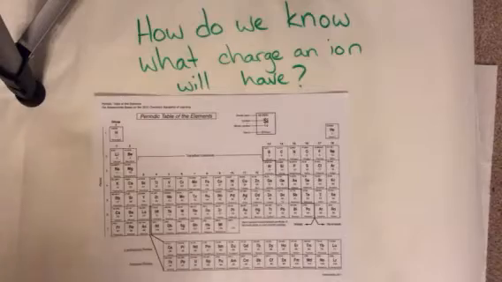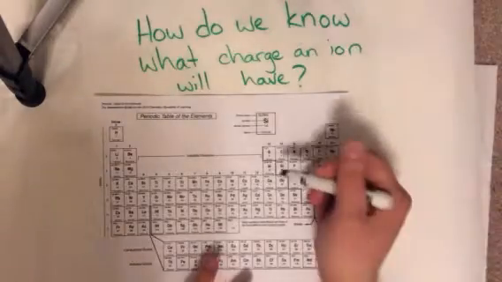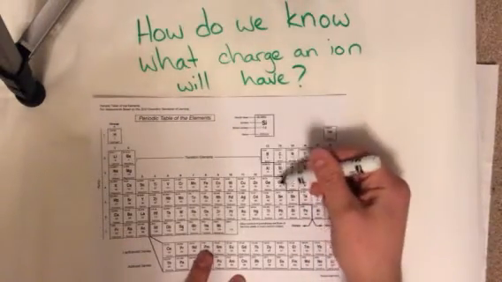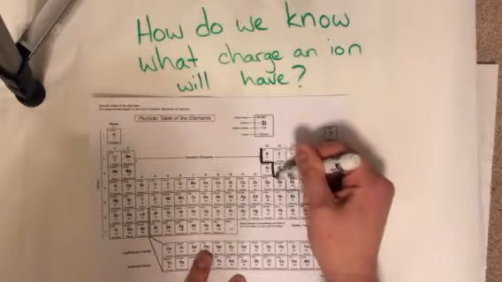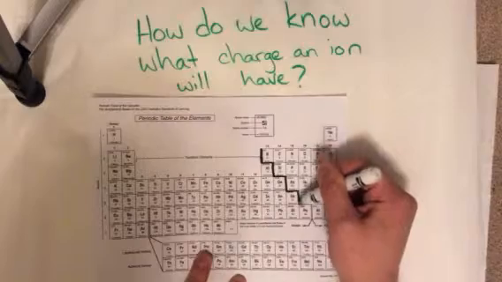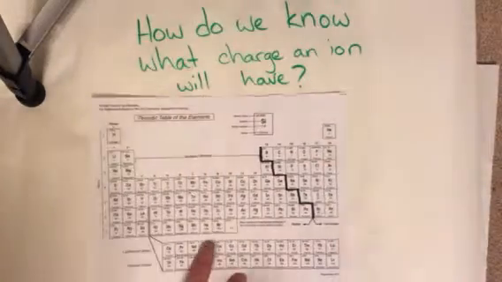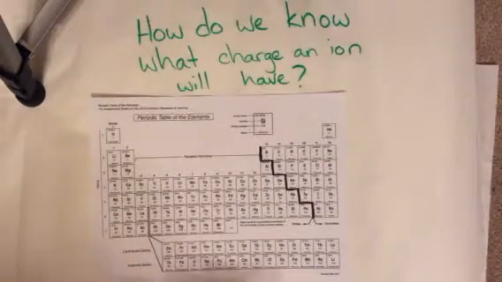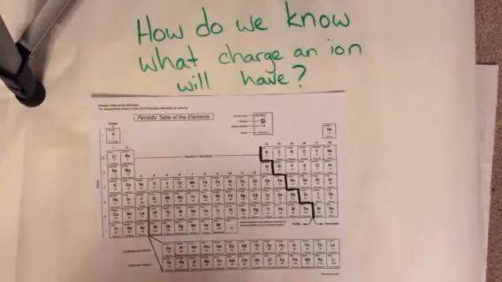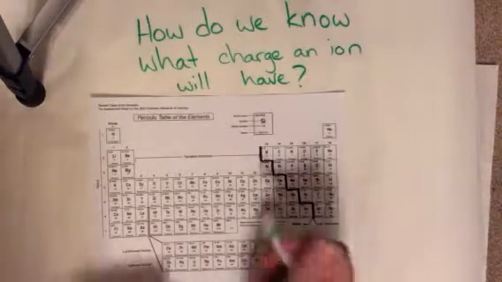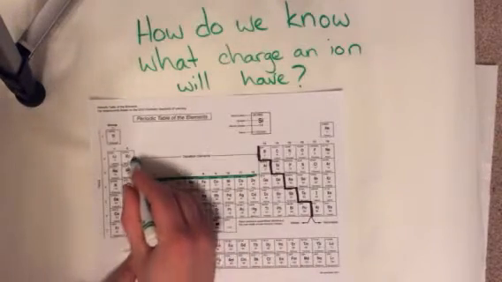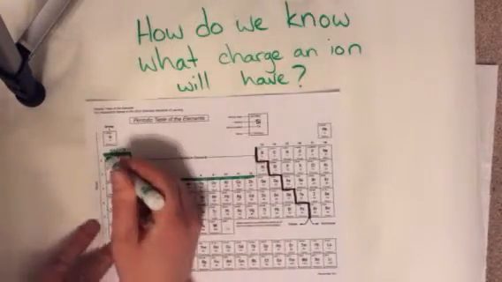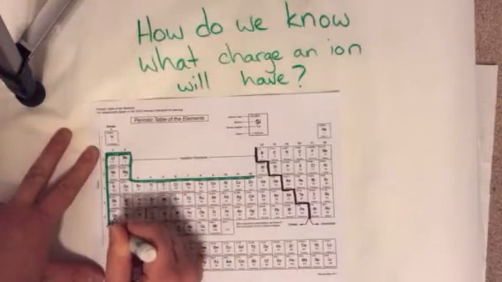First of all, you'll notice if you look at the periodic table that there's a staircase right here. Big and thick and dark. It goes all the way down and it cuts the periodic table into two portions. All the atoms to the left of that staircase, except for hydrogen. Hydrogen's different, special.